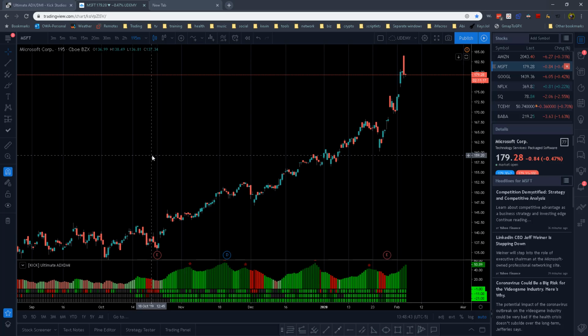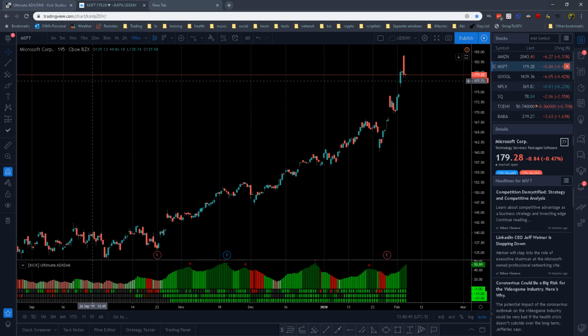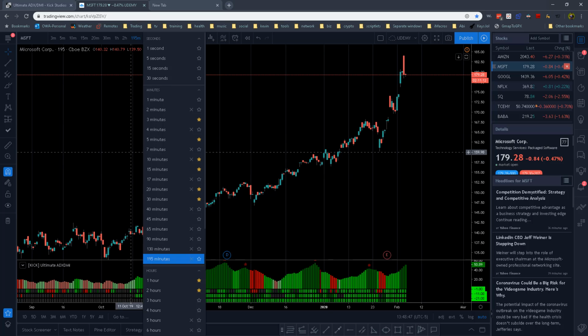By the way, the reason that I have some kind of odd times in here, like 65 minutes, 130 minutes, 195 minutes, is because when you're using a stock that is not traded 24/7, where there is a time frame where the market is closed, you don't really want to use something like, for instance, 60 minutes, right?